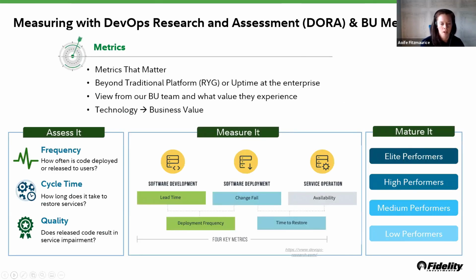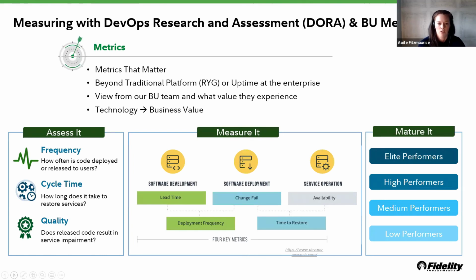Next slide. Another key thing for us is measurement, not to shame teams in any way, shape, or form, but to allow them to self-educate, using standard metrics that are not Fidelity-based but industry standard, so they can understand their level of maturity and how they can make that progression, like we saw in the previous slide, from continuous integration to continuous deployment to continuous delivery and to full DevOps with fully automated pipelines end to end.